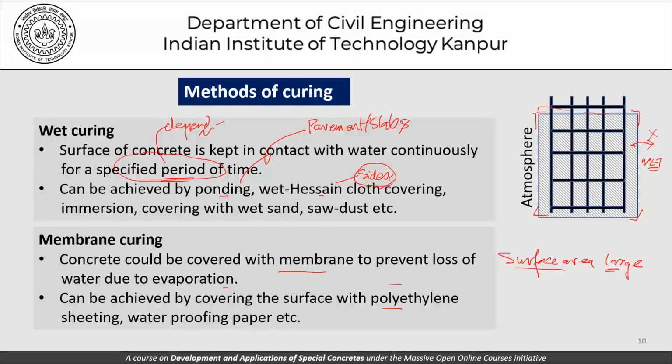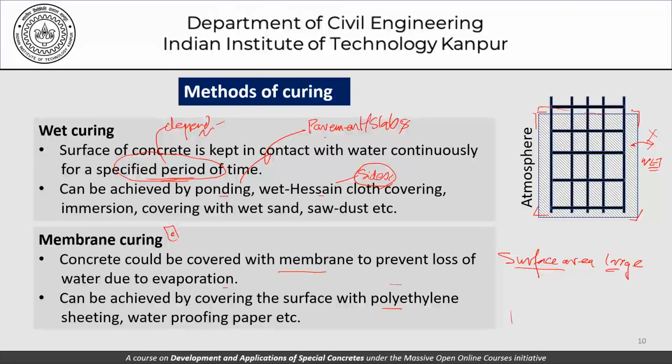And in certain cases, it may not be possible to pond a large surface because that itself promotes evaporation. Water may not be available to that extent. So in those cases, we go for membrane curing.